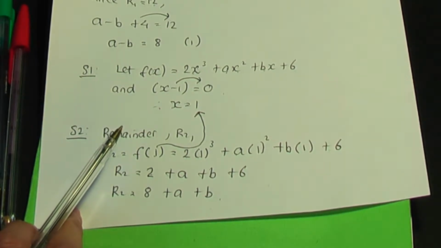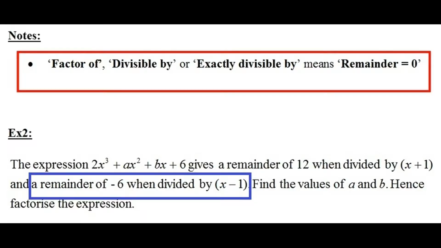Okay, so if we go back to the screenshot, we have the value of the remainder, bearing in mind the value upon division of x minus 1 is minus 6.